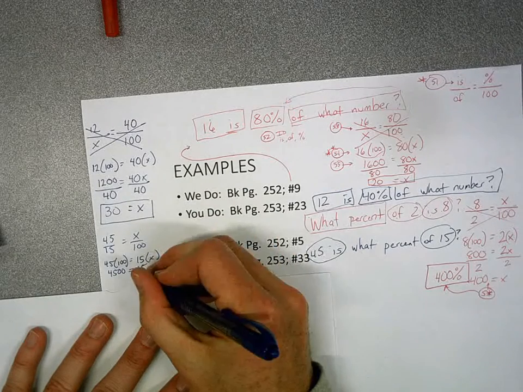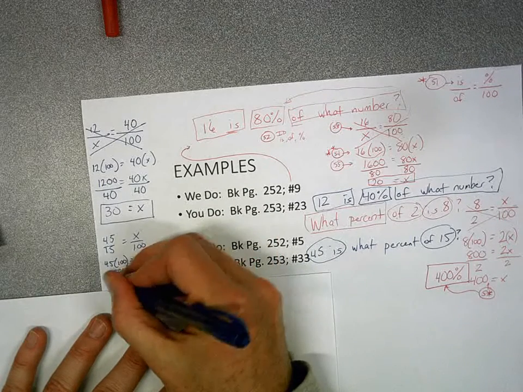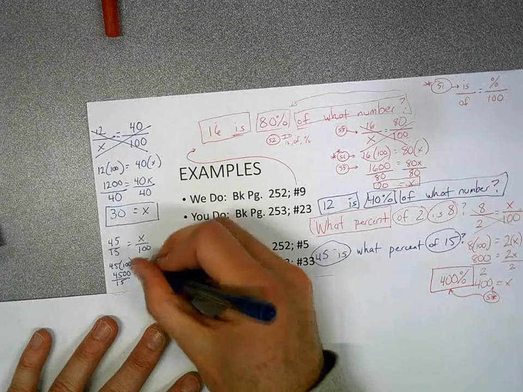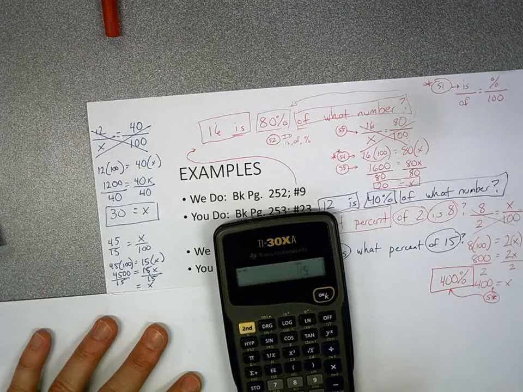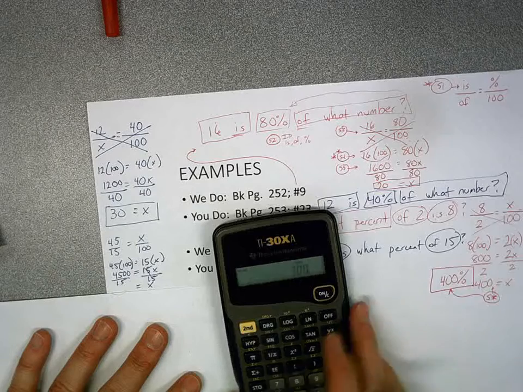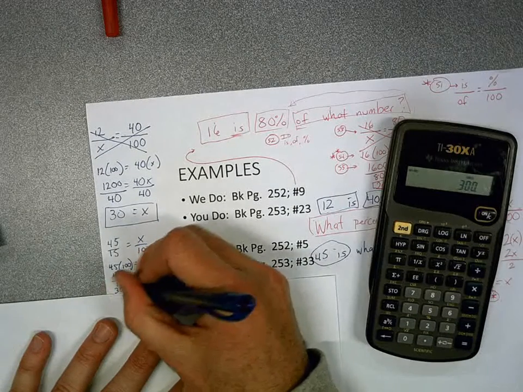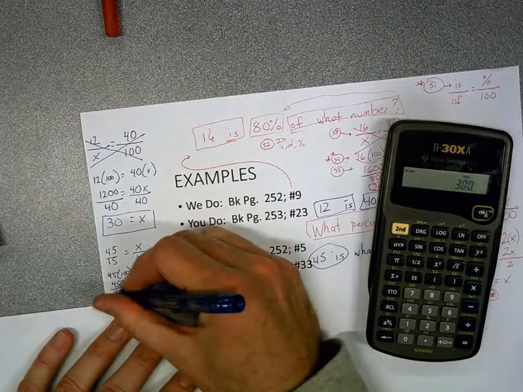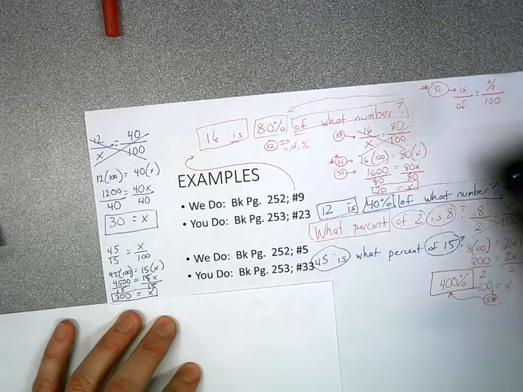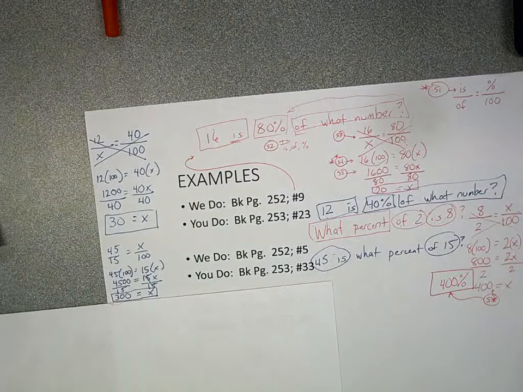I divide both sides by 15. I get x equals 4,500 divided by 15, equals 300. Okay, questions about that? Okay, eyes up here. We have one more to do.